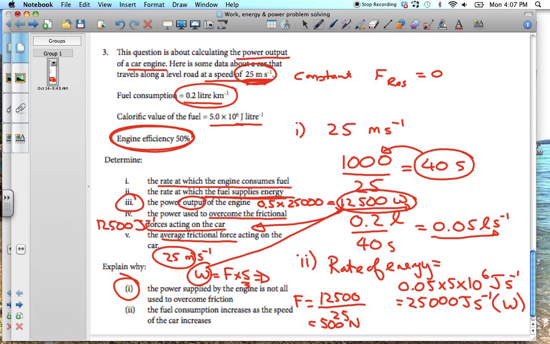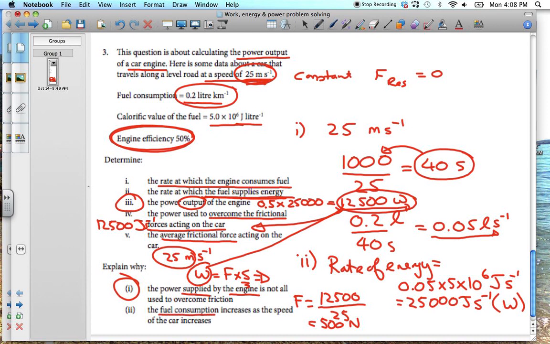There's all sorts of friction within the car: the wheels, turning the different parts within the car, there's air friction, and so forth. I'm not too sure what they're actually asking in this question. I would have thought it better to say not all the power supplied by the fuel is used to overcome friction, because then you obviously get a huge heat loss within the engine.